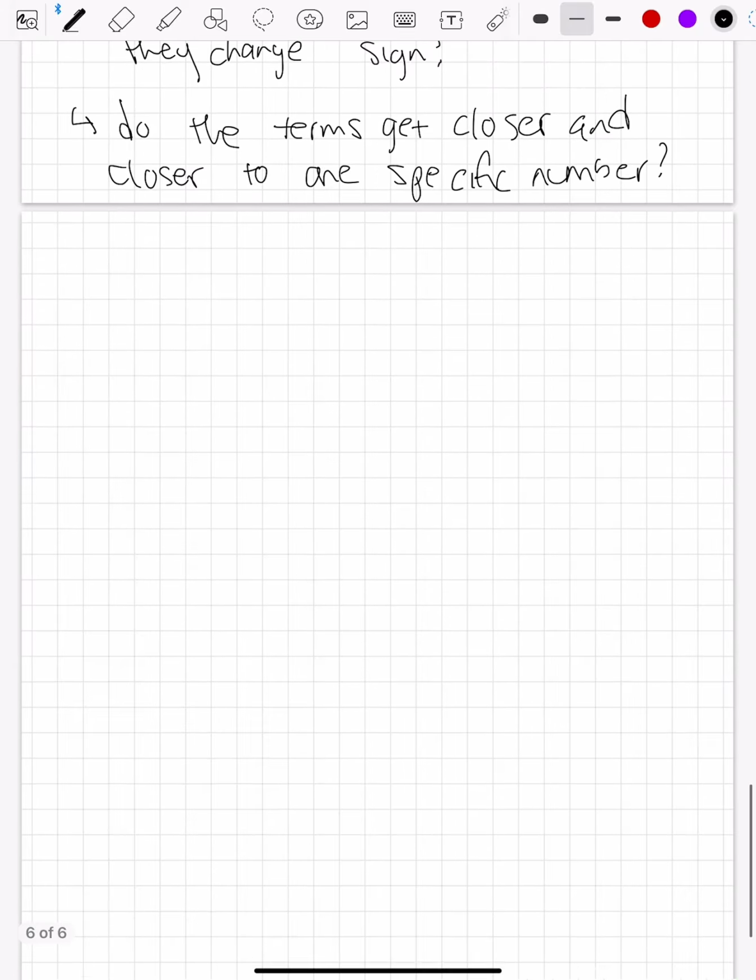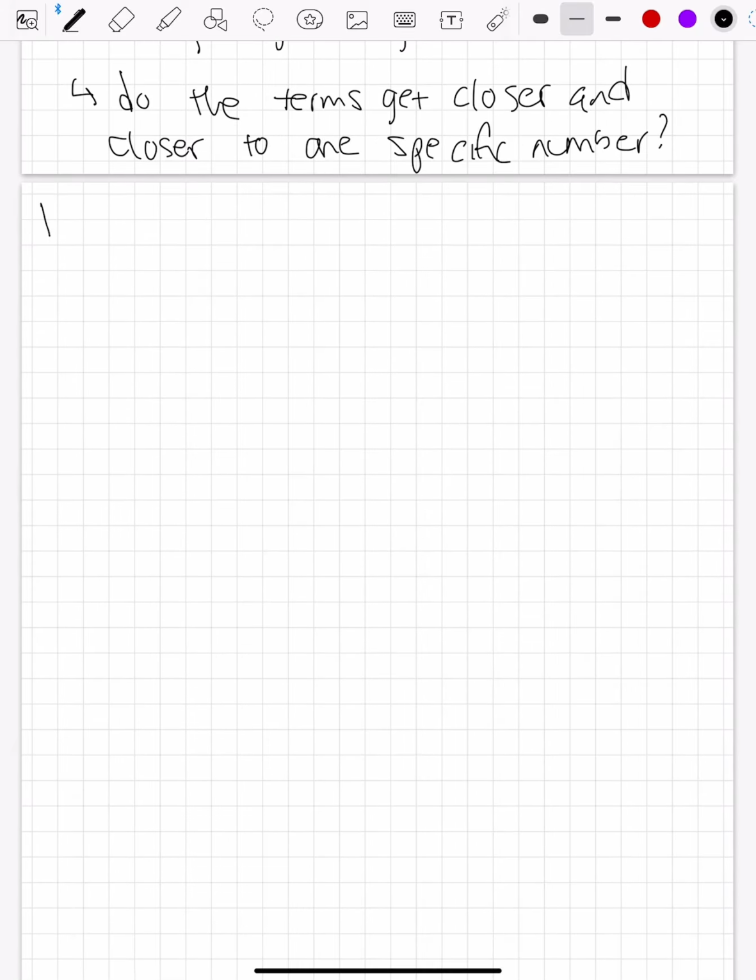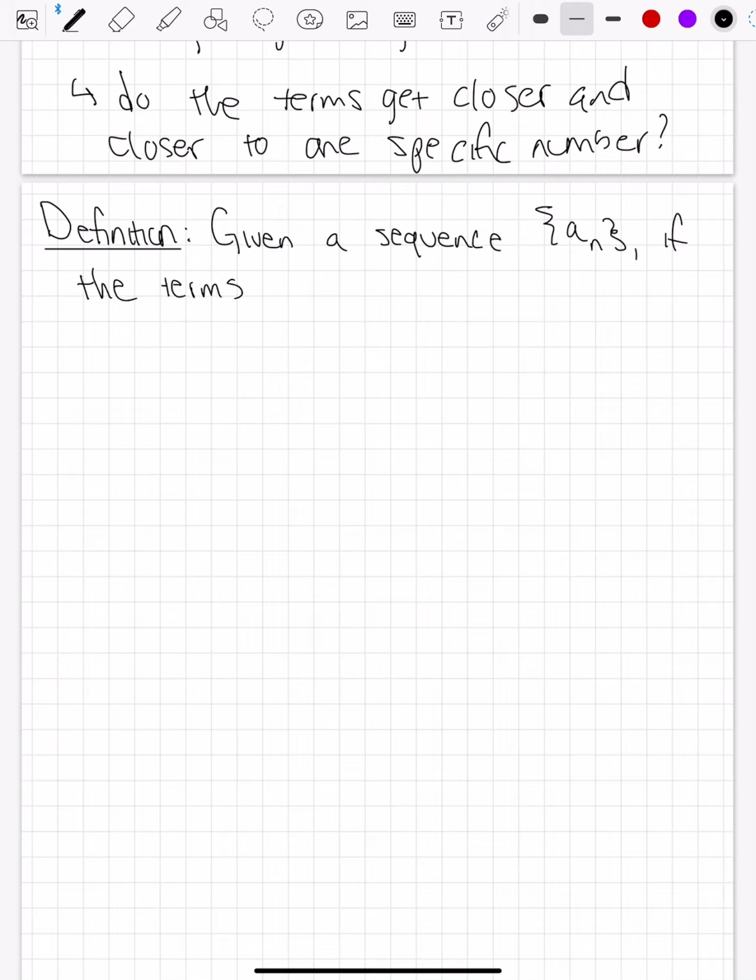So let's define a convergent and a divergent sequence to begin with. Given a sequence a_n, if the terms a_n become arbitrarily close to a finite number, right? So that would be the last question we ask.